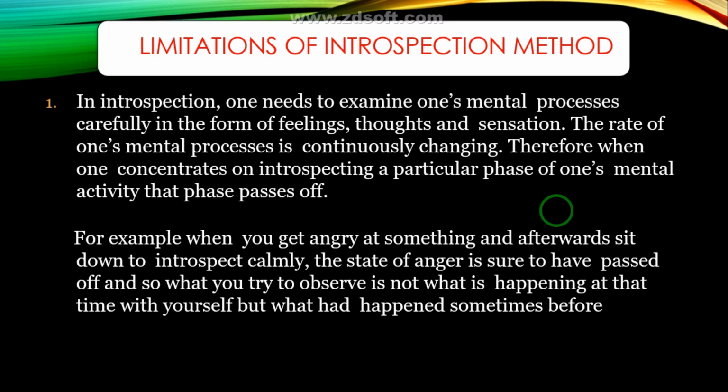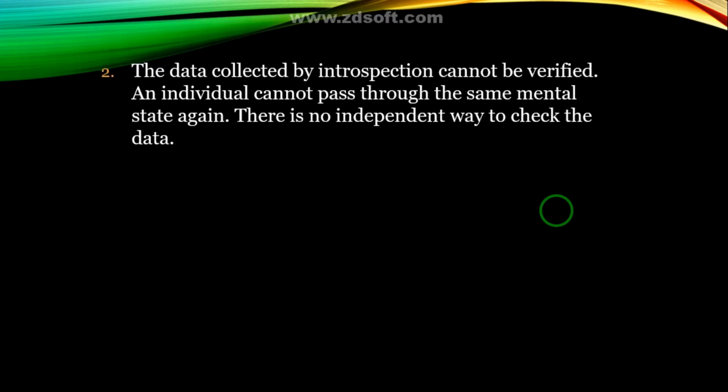For example, when you get angry at some time and afterwards sit down to introspect calmly, the state of anger is sure to have passed off. So what you try to observe is not what is happening at that time with yourself, but what had happened some time before.